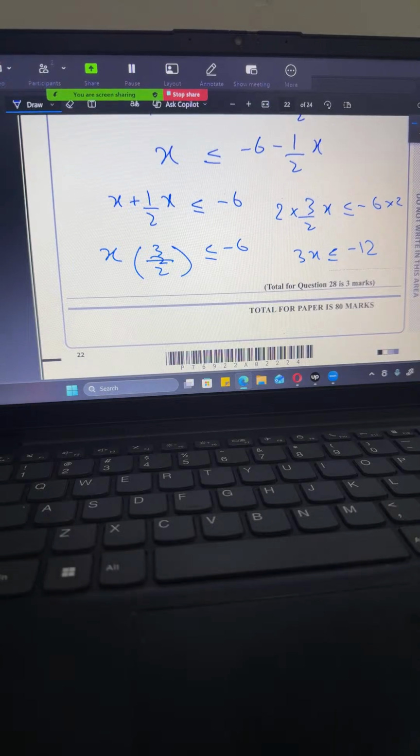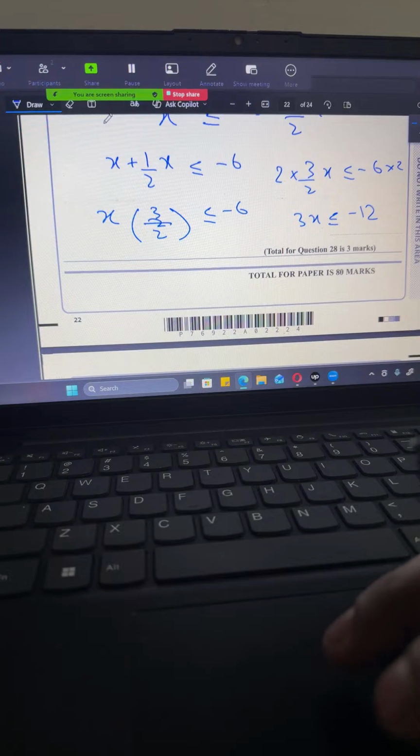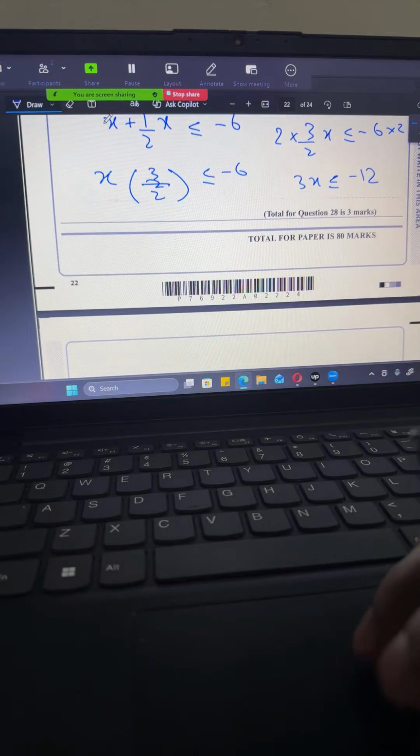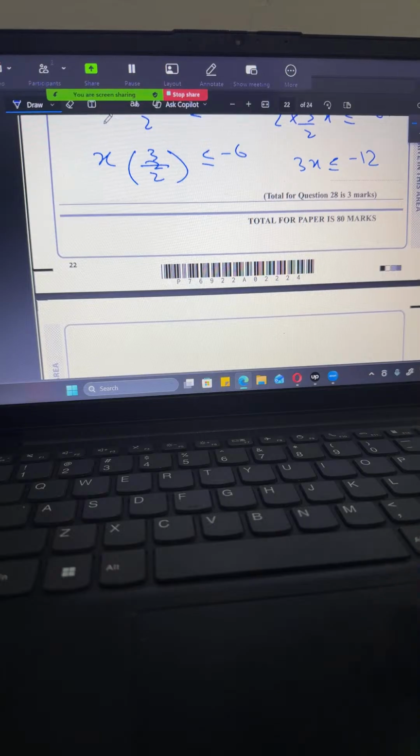And then what should we do? Now we have to simplify. We do 3x divided by 3, which is x, then -12 divided by 3, which is just -4. So the answer is x is less than or equal to -4, right?